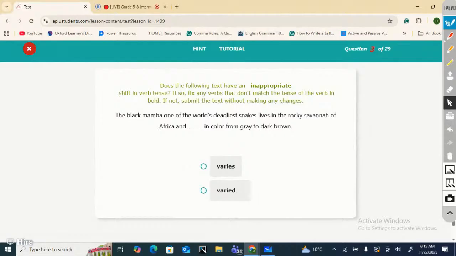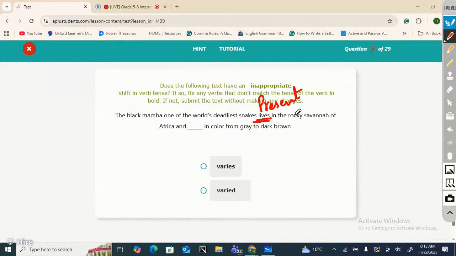Well, ST, you're asking about option 1. Yes, it varies. Why? Because the first verb in the text is lives: the black mamba, one of the world's deadliest snakes, lives. It's a present tense verb.